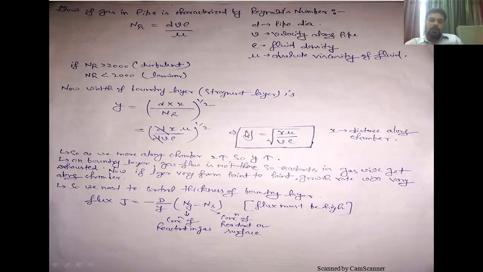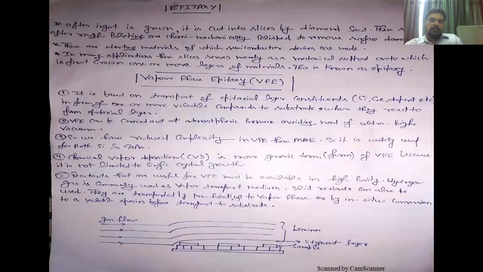The width of the boundary layer here is less, but here the width of the boundary layer is very much. So the growth rate of the epitaxial layer onto the substrate will be different.